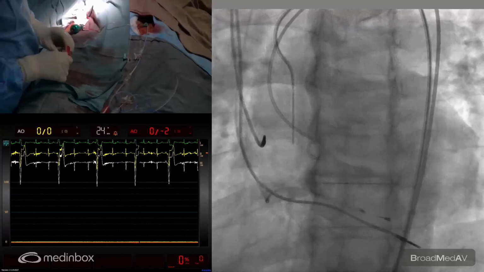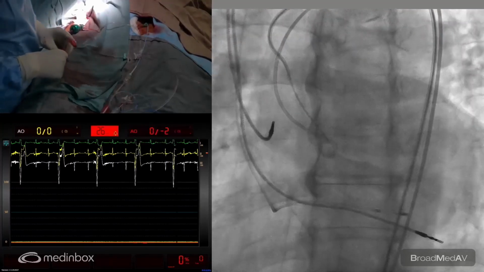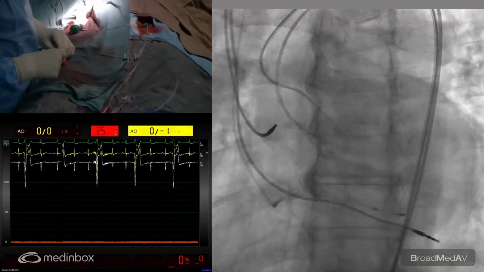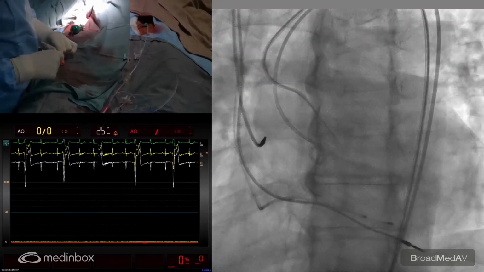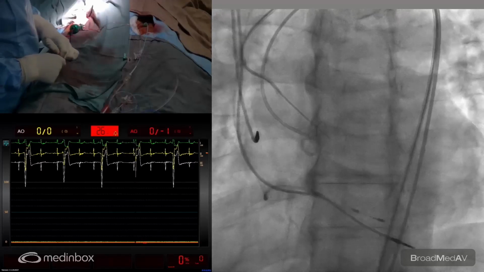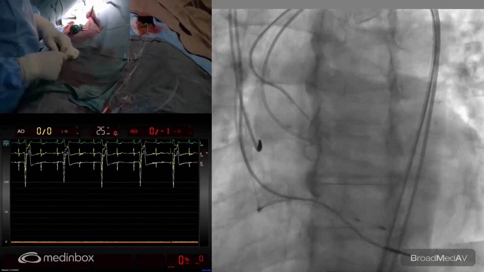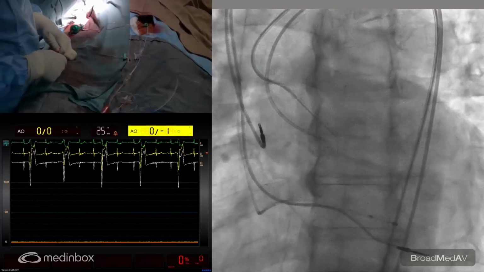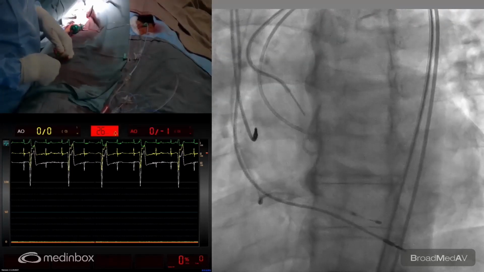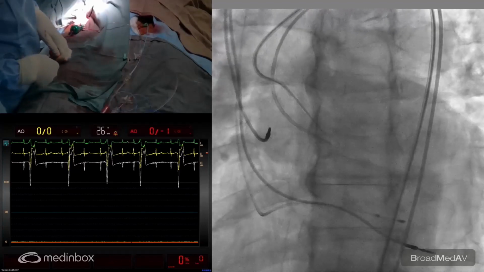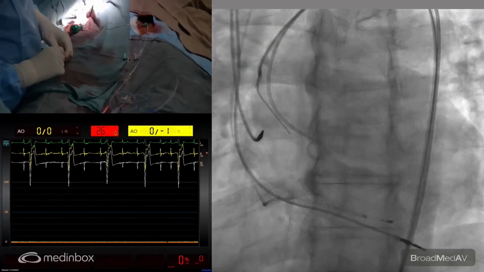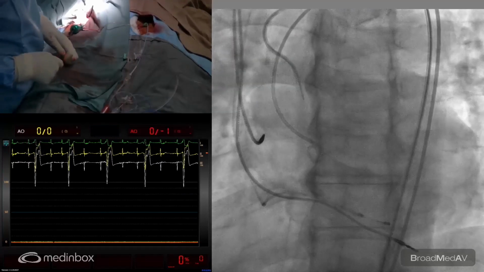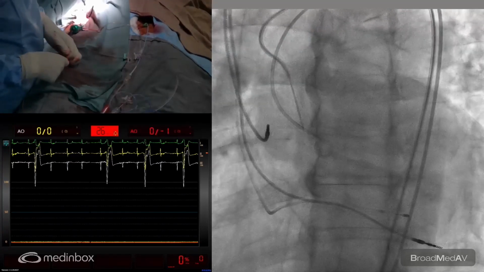Keep an RCA catheter ready in case this doesn't go through. Can I have the RCA catheter ready?